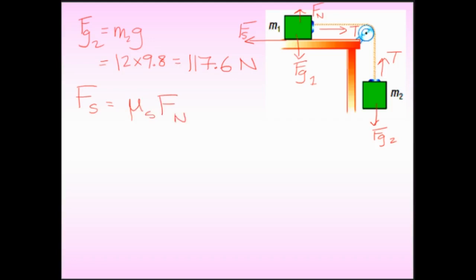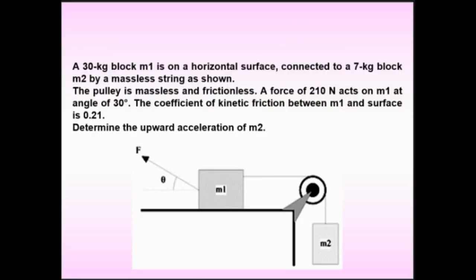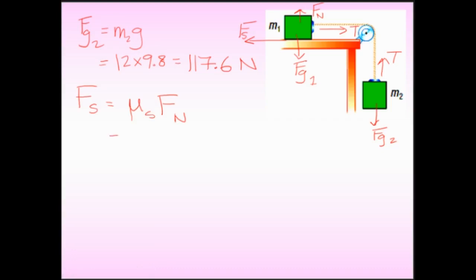So right off the bat, what can you say about the normal force on it and its own weight? Which means I can replace Fn with what? You got it. That's why you need to sketch FBDs. They will lead you through. Equals mu s times Fg1 equals mu s times M1g.